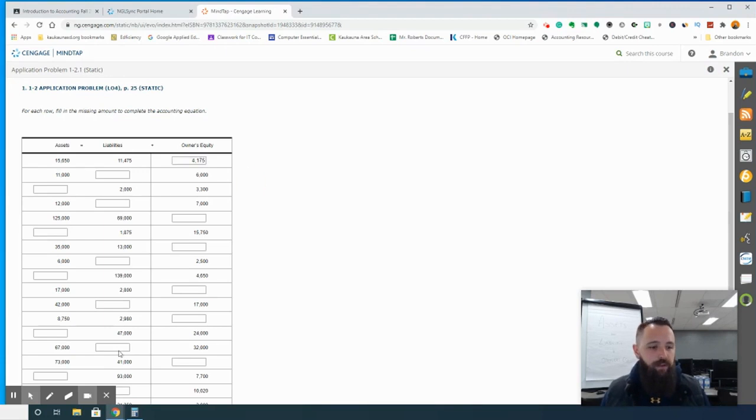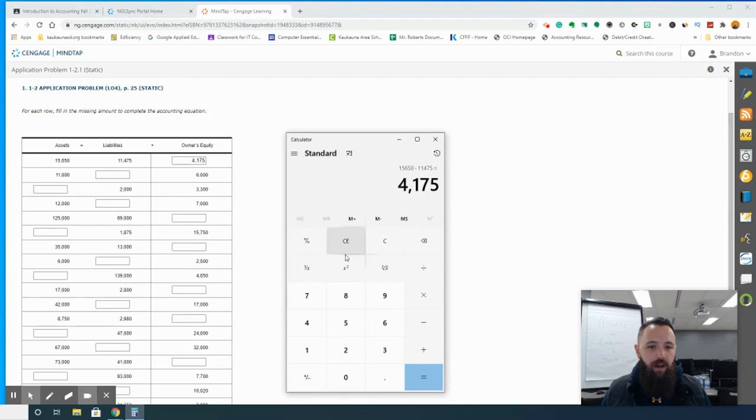So now when we look at this, we say, okay, does assets, 15,650, equal liabilities plus owner's equity? Go back and check it real quick. 11,475 plus 4,175, we get 15,650. They do match. The accounting equation is in balance.